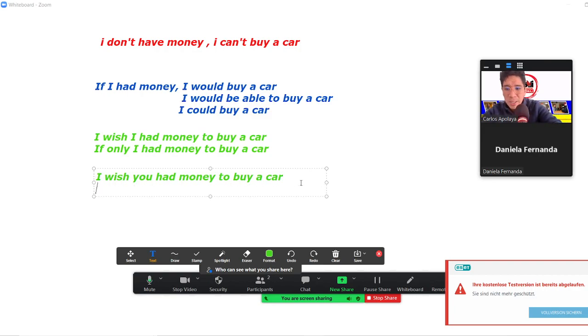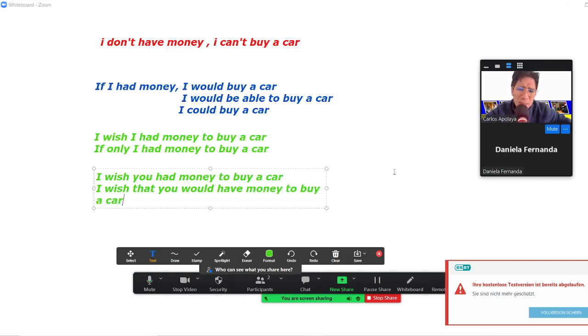Ahora quiero usar el I wish that. I wish that you had money to buy a car. No, you would. You had money to buy a car.